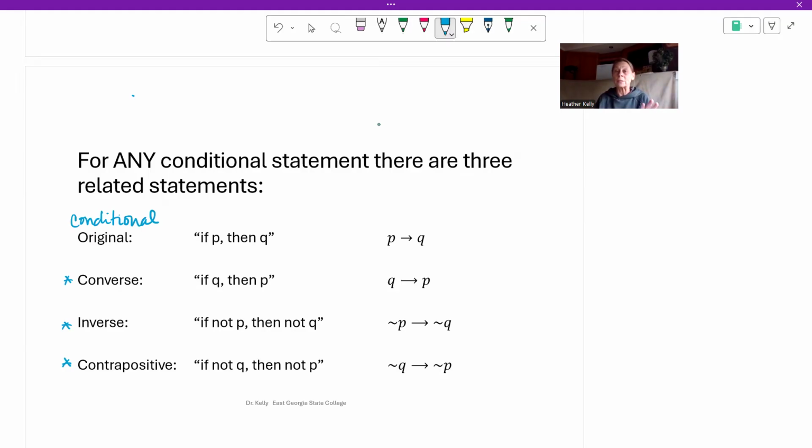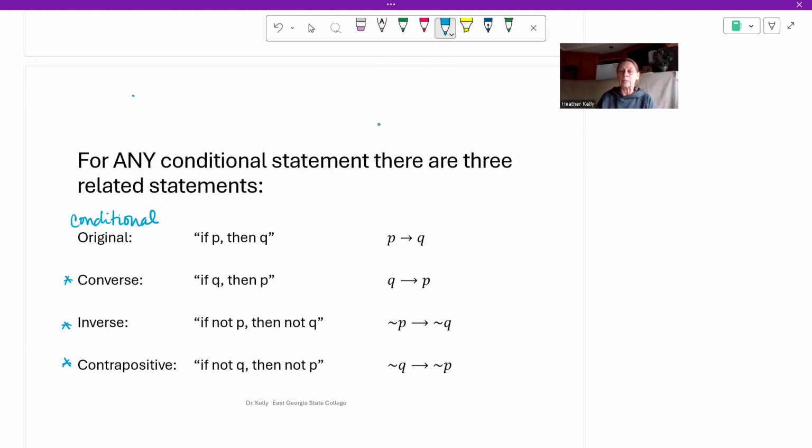So if the original statement is if P, then Q, which is our original conditional, and we write it like this, P with the arrow to Q, then the converse is if Q, then P, converse, flipped around. And you can see it here in the notation, Q, arrow, P, okay? If you see Q, arrow, P, then that's the converse of the original statement, okay?